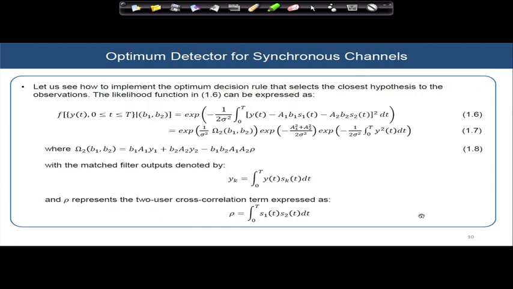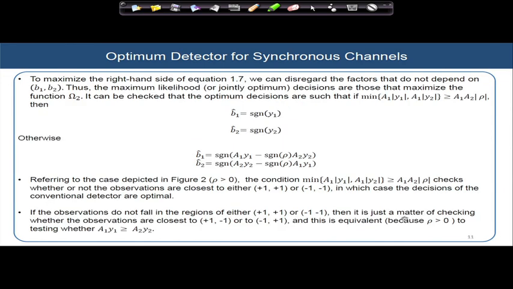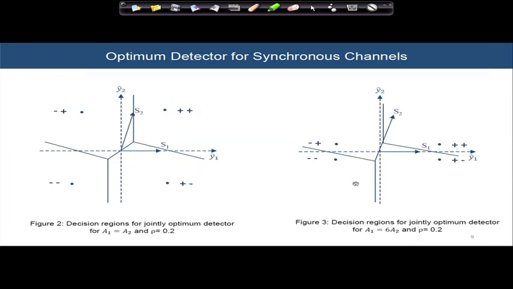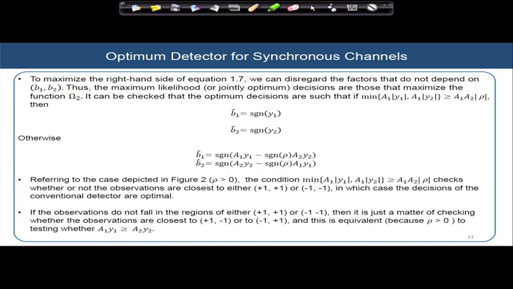We can also justify the same results when rho has different values, or the relation of A1 and A2 is different. But this is universally true for the optimal detector, that this is a fundamental two-part check on which the optimal decisions can be obtained, either this or this.